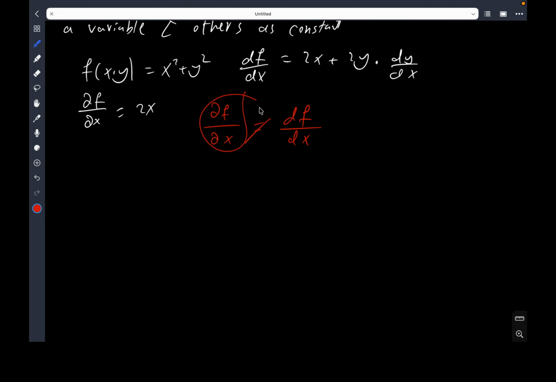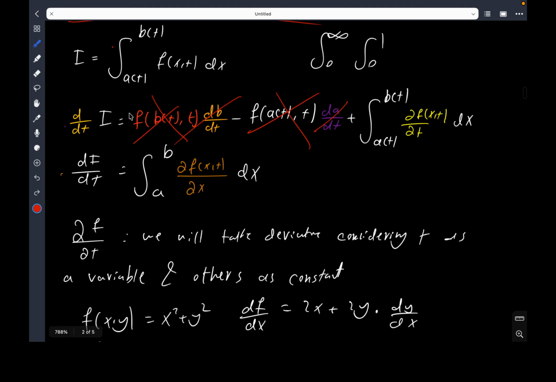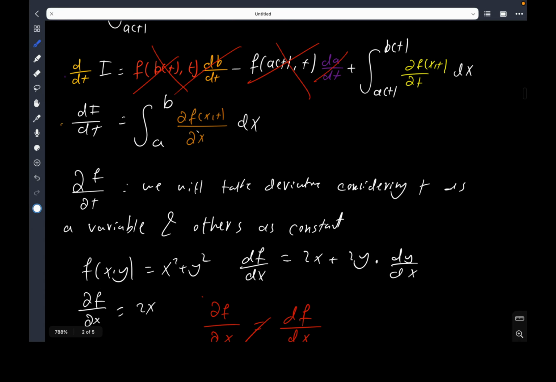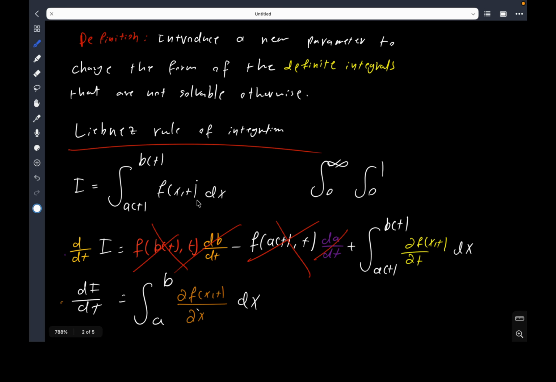They can be equal to each other only if this term here is constant for real, like a constant of 3. If y, for example, was 3, these two would be equal together, but in a multivariable function like this one, these two ain't equal to each other. Thus we've understood how we should use and apply the Leibniz rule of integration.